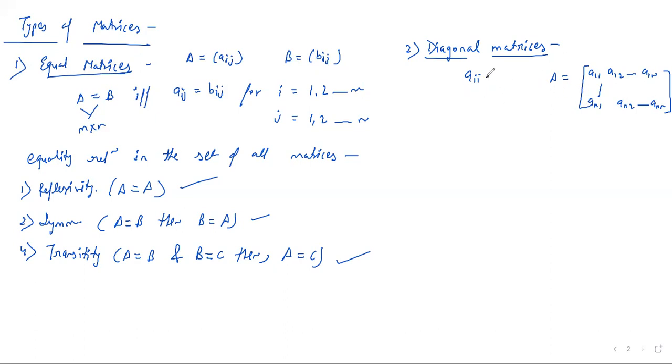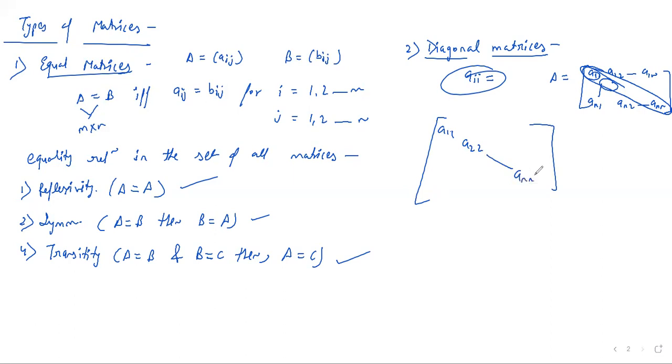Now Aii, which means these elements A11, A22 to Ann, are called my diagonal elements for this matrix.